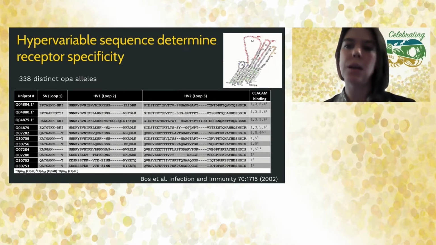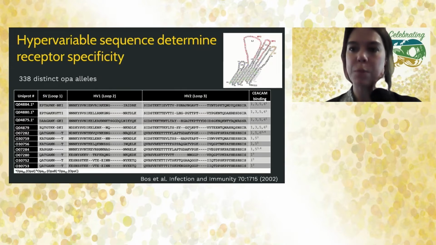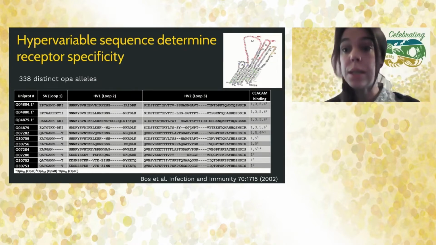And within a colony, you can have different sequences within it. If you were comparing between bacterial colonies, between patients, let's say, if you isolated an Opa protein from a patient, it would probably have different sequences that have not been characterized. And so this has been done, and over 338 distinct Opa sequences have been identified.